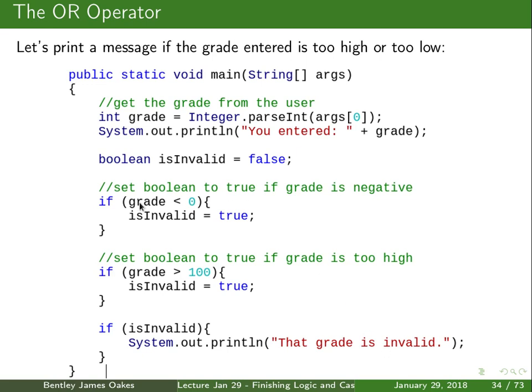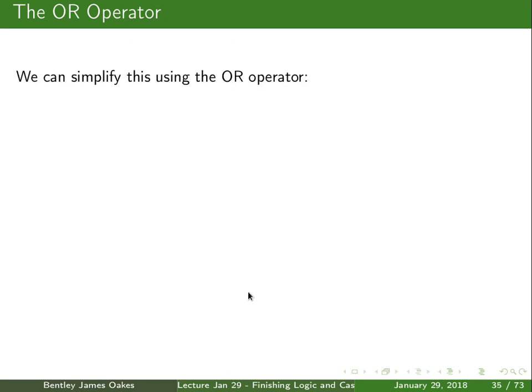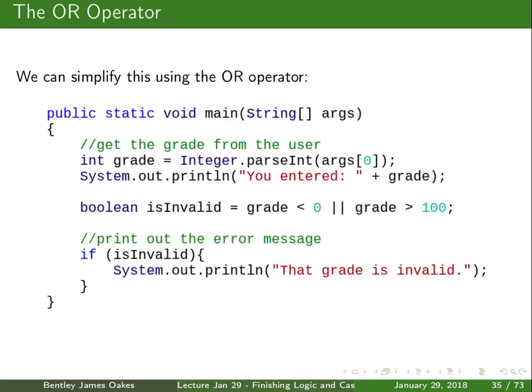So here we're doing a test to see if it's less than 0. Here we're doing a test to see if it's greater than 100, and we're doing the same thing in both. So I say to you that you shouldn't repeat code like this, because if you're repeating code, you're probably doing something wrong. So we can simplify this using the OR operator.